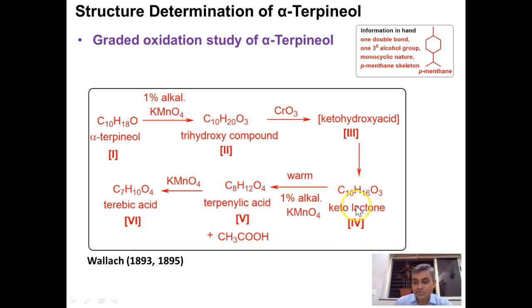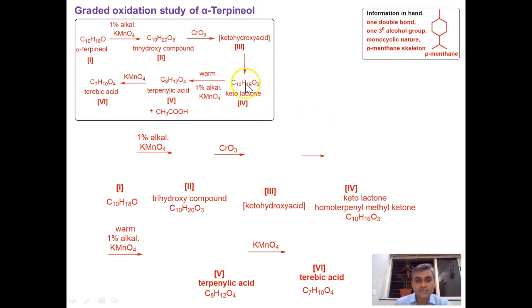When this ketolactone is treated with NaOH, it consumes one molecule of NaOH to form the carboxylic acid. So the chance is that this molecule is a cyclic ester, and we can call it a lactone. So the formation of 4 we can assign as a ketolactone. Ketolactone on oxidation with KMnO4 forms acetic acid, and the formation of acetic acid is possible only when we assume this ketolactone has a methyl ketone.